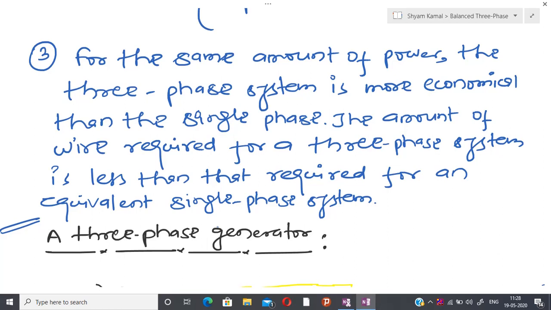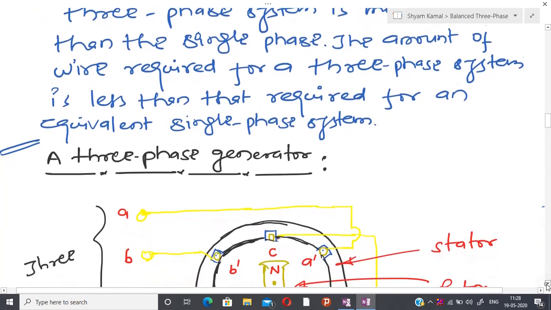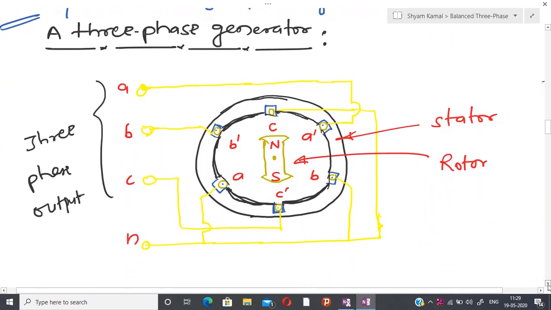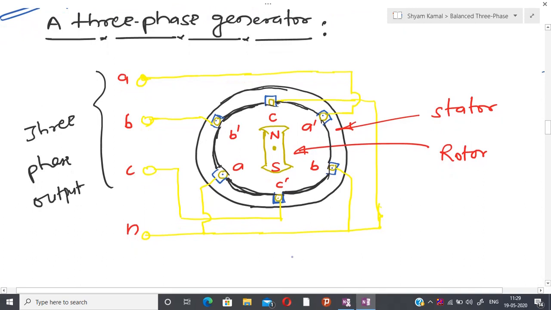So first try to understand how basically one can produce balanced three phase voltage using some kind of AC generator. So let us try to see the block diagram, or also you can call it the equivalent diagram or cross sectional view of the three phase AC generator.